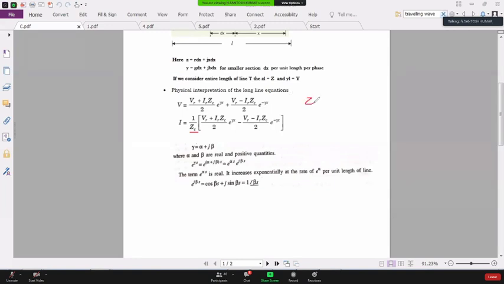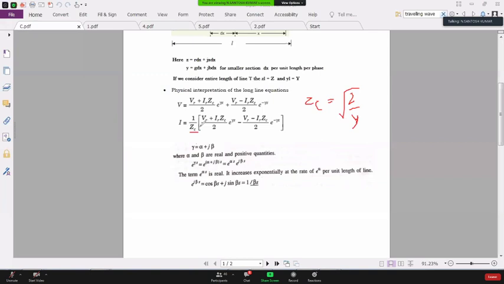ZC is equal to what? Under root Z by Y. Right? We did this yesterday. ZC is called the characteristic impedance, which is equal to under root Z by Y.